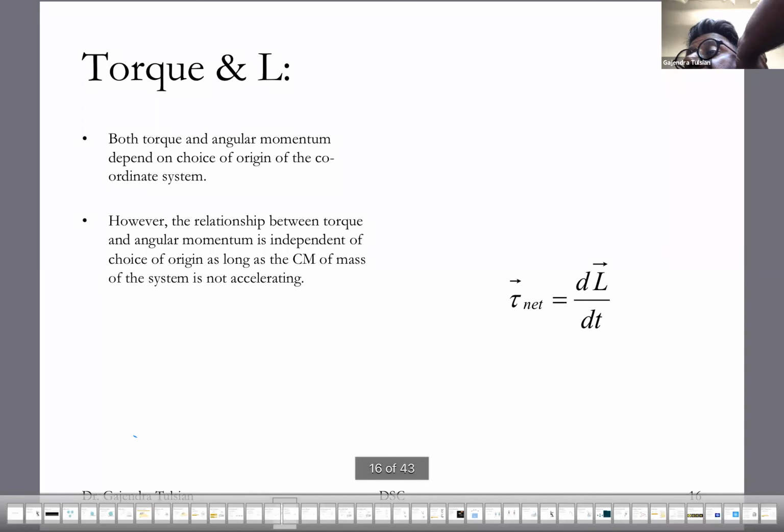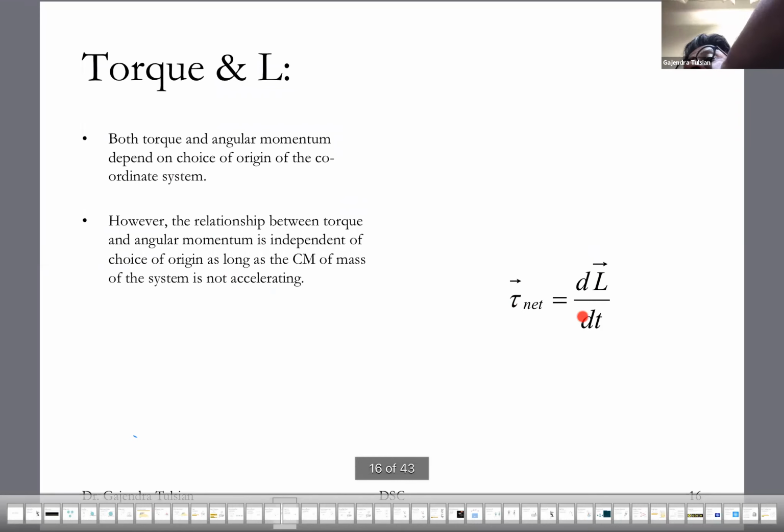Now, it turns out that the torque and angular momentum depend on what point you're calculating those things about. So both torque and angular momentum depend on the choice of the origin of the coordinate system. However, the relationship between them is independent of the choice as long as the center of mass of the system is not accelerating.